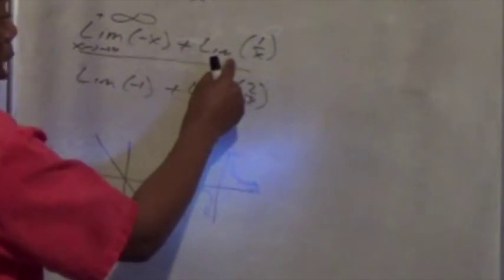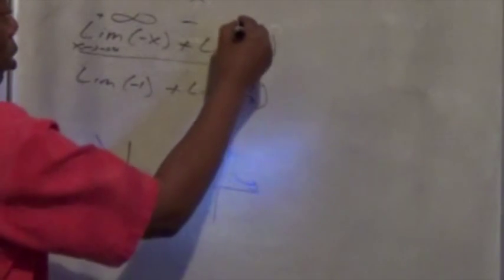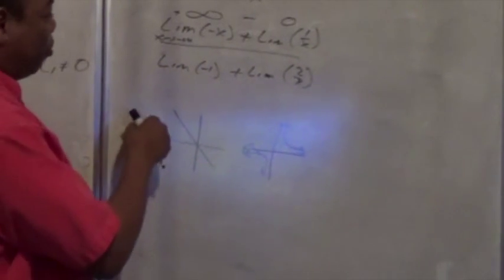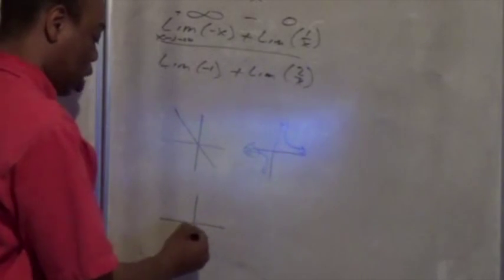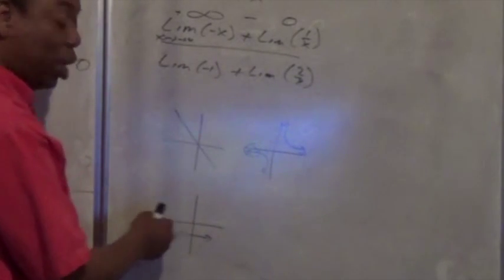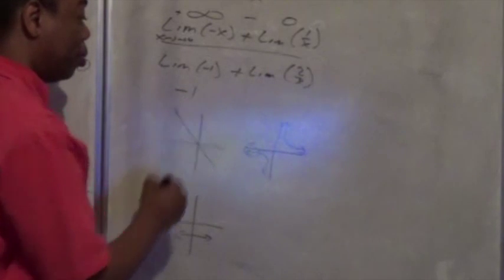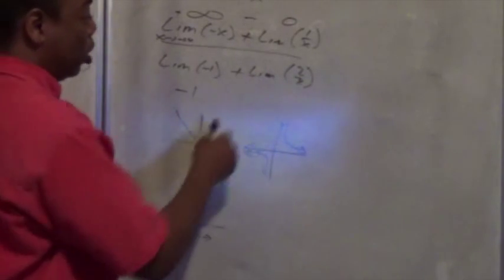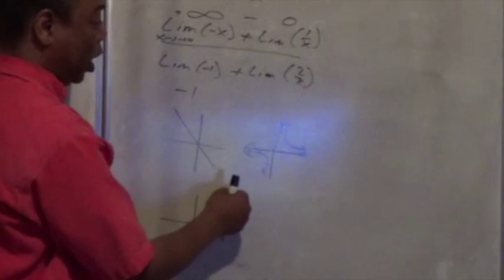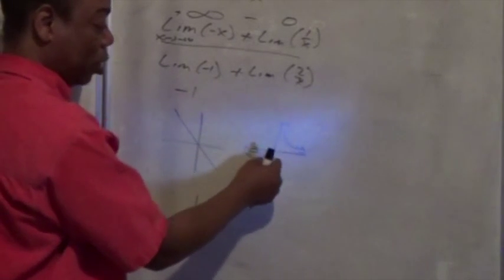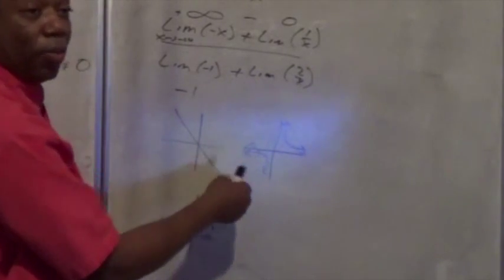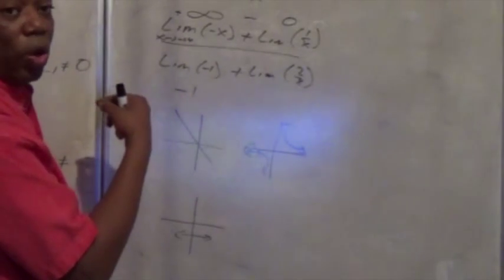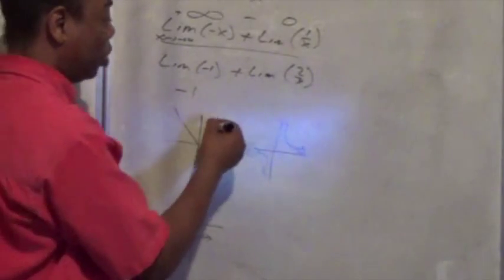So all of this will be negative 0, or subtract 0. Furthermore, this is a constant function of negative 1, so it just stays here at negative 1. So as I go to the left, this will remain negative 1. And here, the 2 over x has the same look as this right here, 2 over x. And I am going to the left, going out to 0, but I'm using negative numbers, but still it's 0.